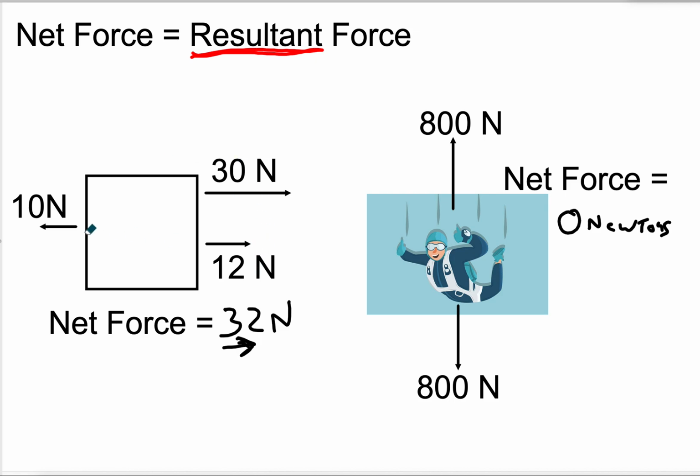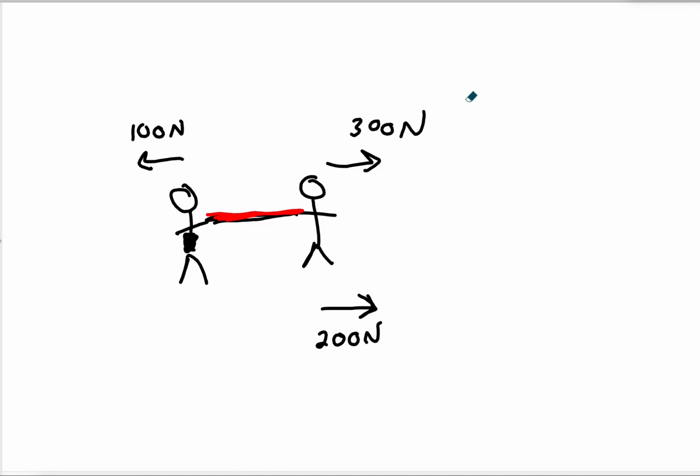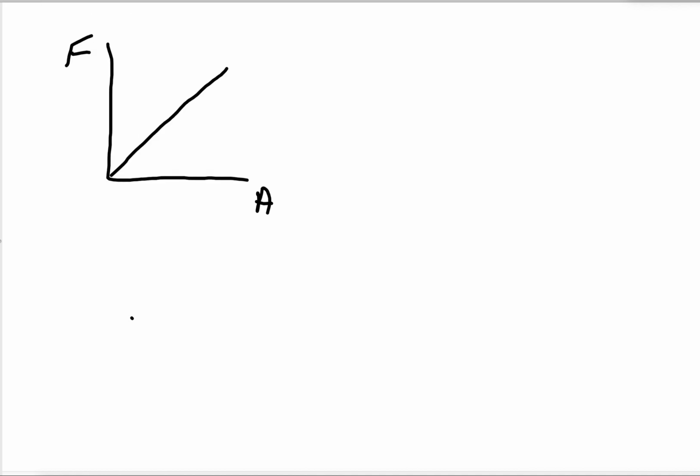So these are the applied forces, this is the opposing force. It doesn't necessarily have to be friction. It could be that there are 3 ropes tied to this box and I have 3 people pulling on it. Or in my tug of war example, you pulling with 300 newtons, you would be the applied force. I am pulling with 100 newtons, so I'm slowing you down. I would be the opposing force. Does that make sense? Good.